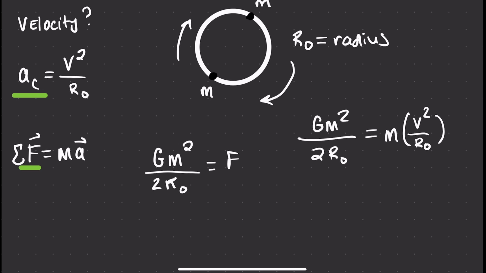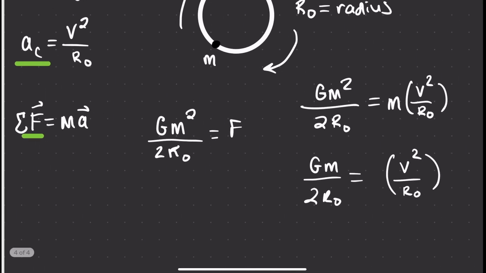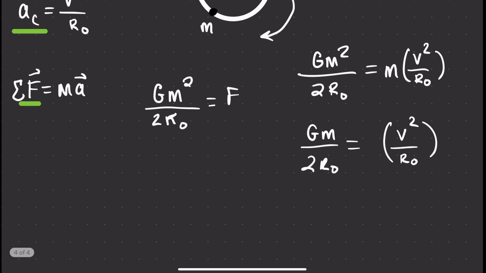We can move this m over here. We get Gm over (2r0) squared equals v squared over r0. Oh, I made a mistake on this expression.